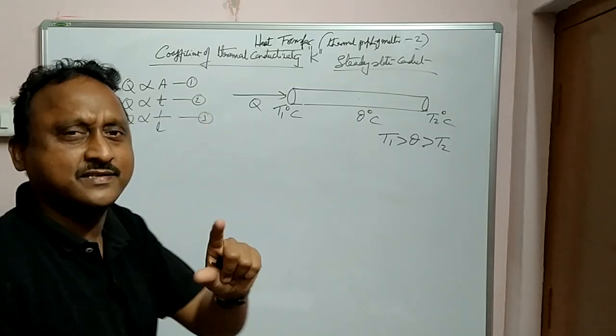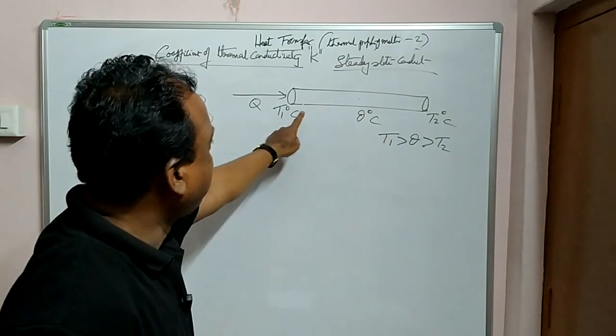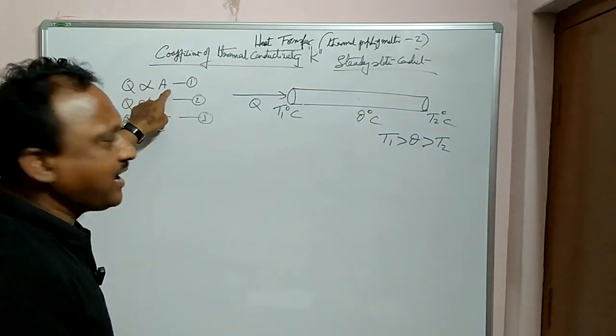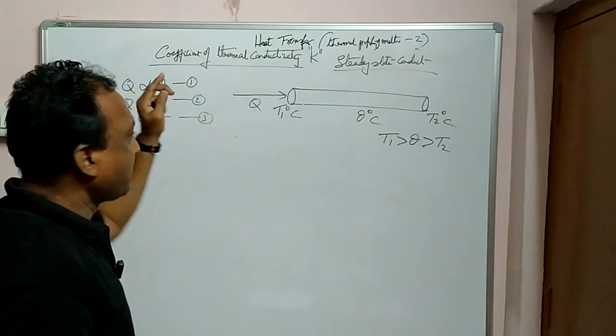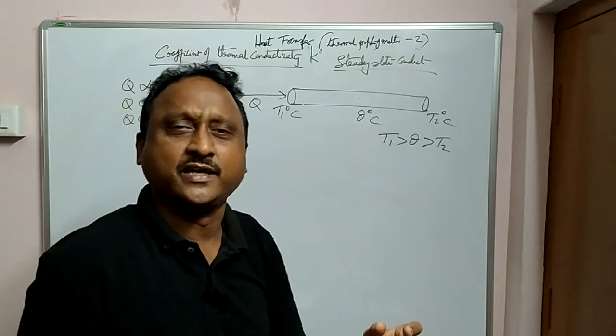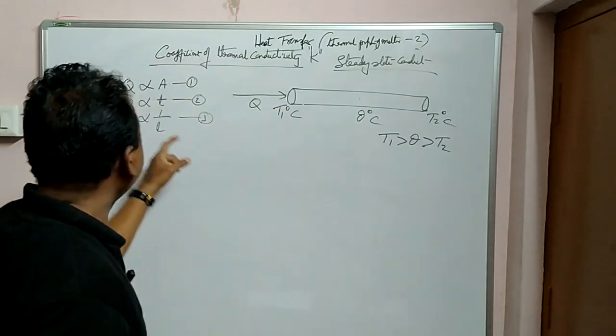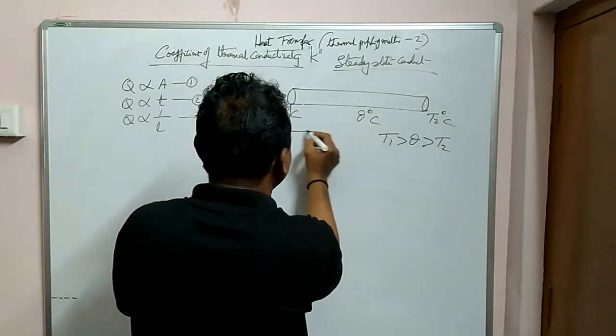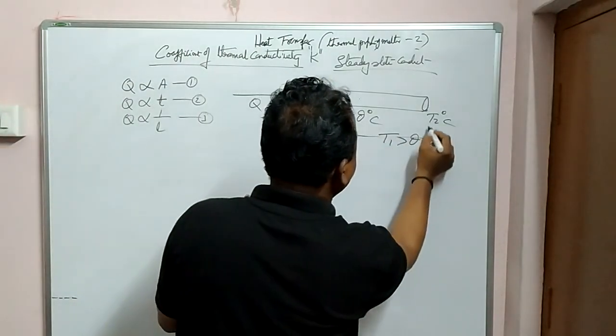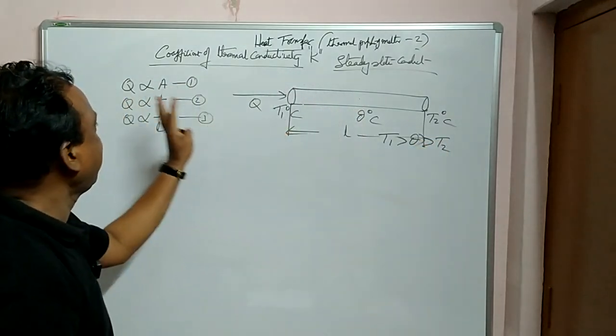Are you following the points? How the heat is going inside the rod depends upon the area of cross section of the rod, directly proportional to the time for which the heat is flowing, and inversely proportional to the length of the rod. Suppose L is the length. So these are the parameters affecting the heat.